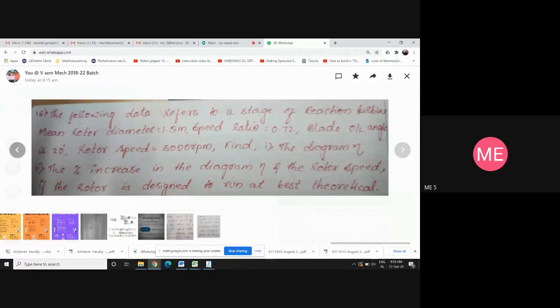This is best theoretical speed. There is one more line here: run at best theoretical speed. I cropped it. At the end, it should be best theoretical speed.